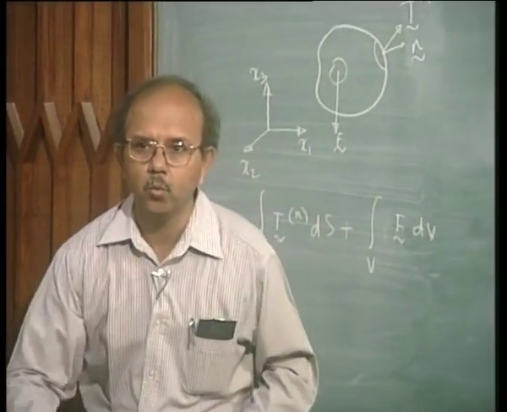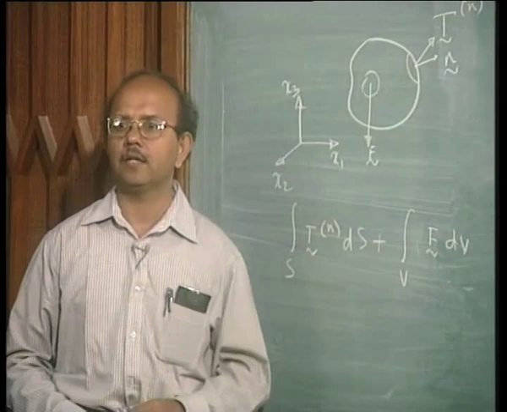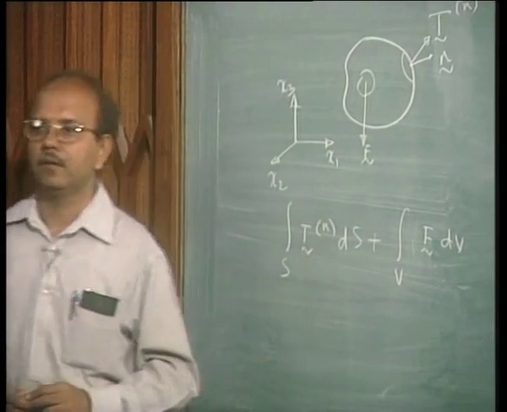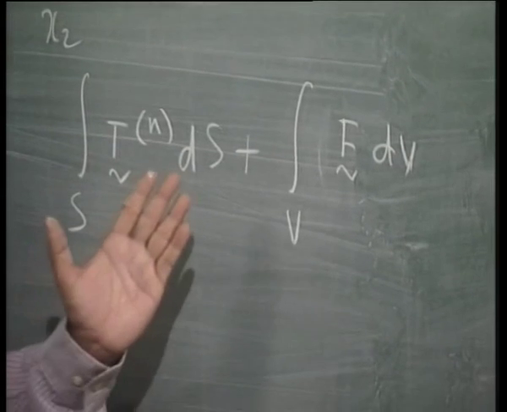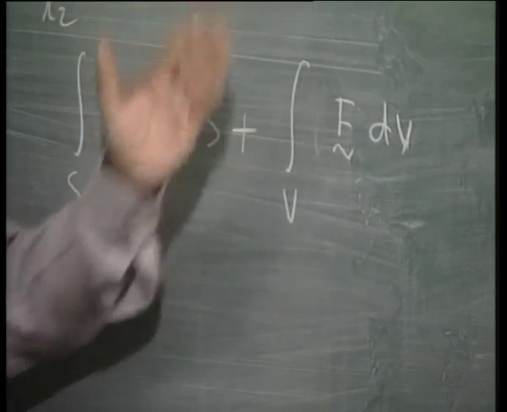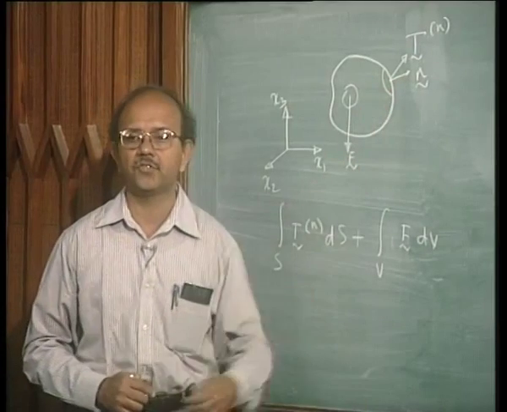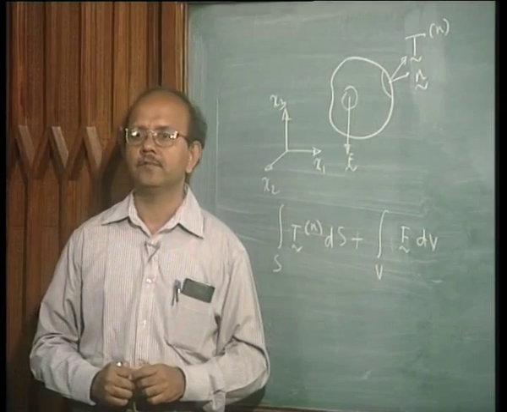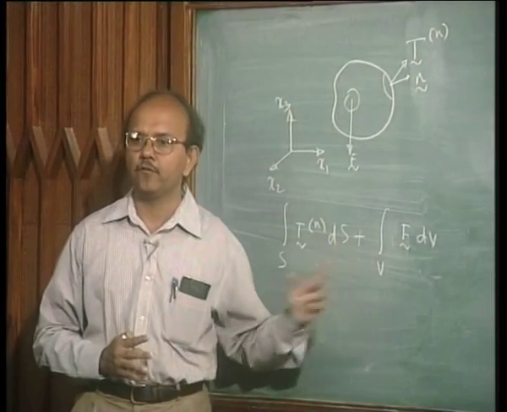Now we will come back to this topic after some time. But we will get back to the problem which we were dealing with in the last class. Let me recapitulate this problem. We were trying to get at the equilibrium equation. We had said that there are two types of forces. The surface force results in a stress, or what is called a surface traction, and body forces.